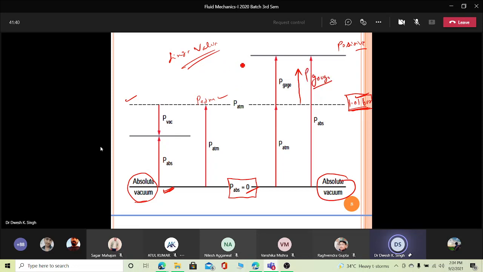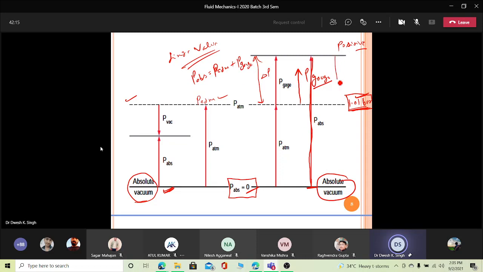The atmospheric plus extra pressure. If we are starting from this line, absolute vacuum, and take this line, what is this denoting? Let us suppose here we have some pressure above the atmosphere, this extra pressure. So P absolute will be P atmospheric plus P gauge pressure.